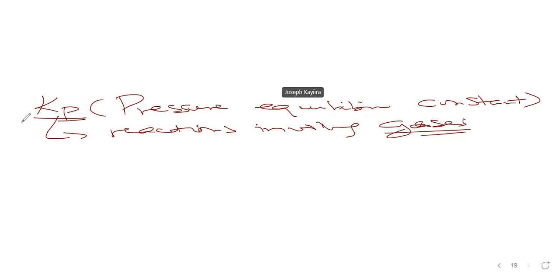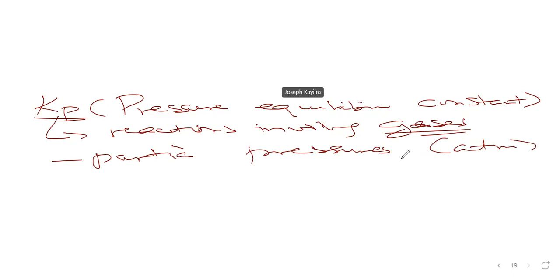And in the expression of Kp, we usually use what we call partial pressures. The partial pressures are usually in atmospheres in most cases.